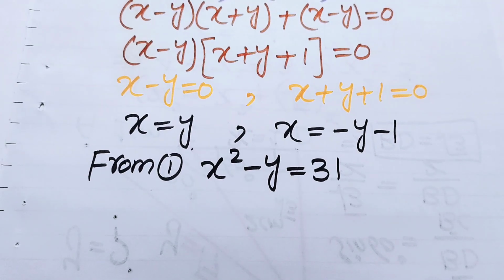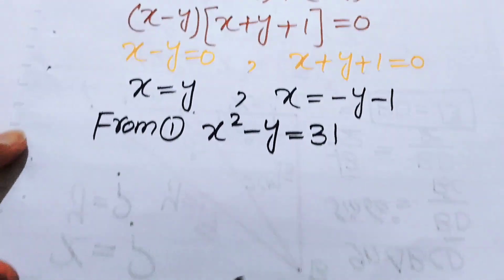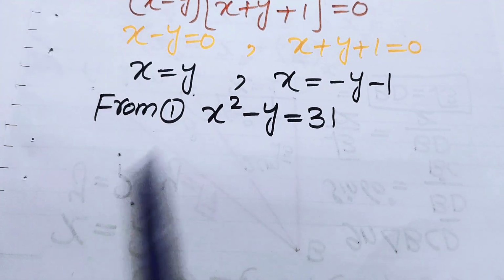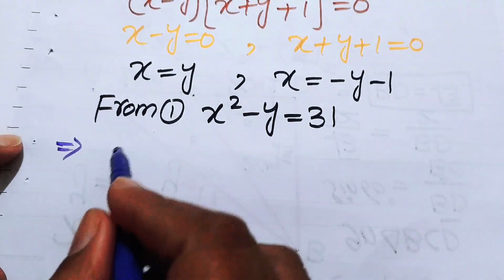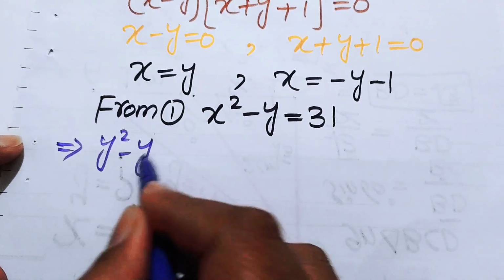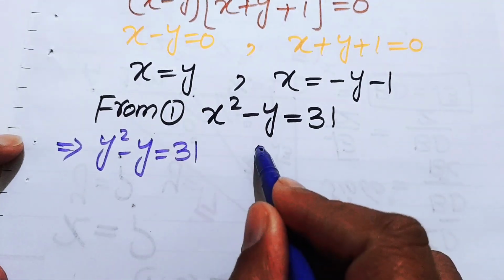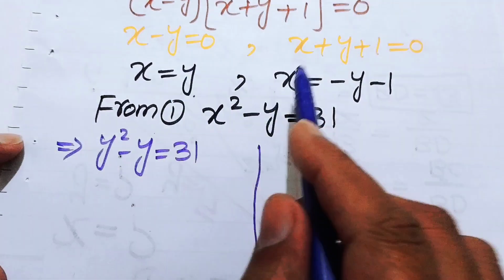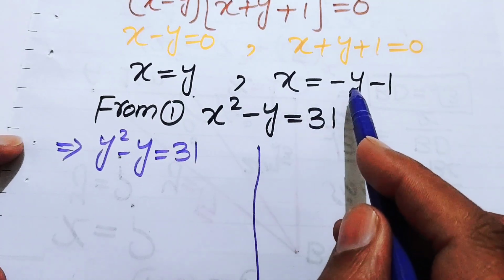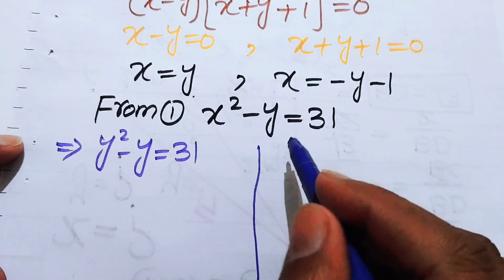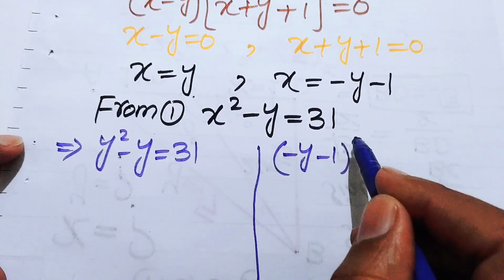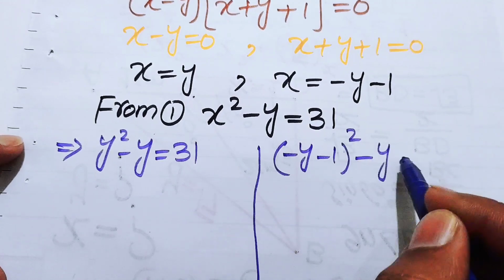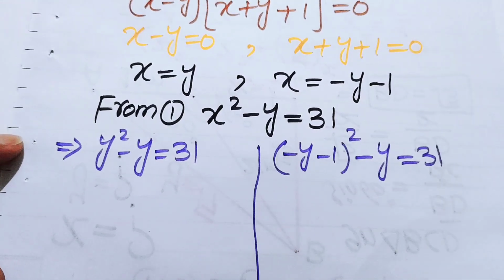Now we put both of the values of x in this equation, and you see that when we substitute x equals y here, then you get y square minus y equals 31. Similarly in the second case, when you substitute the value of x, which is minus y minus 1, then you get minus y minus 1 whole square minus y equals 31.